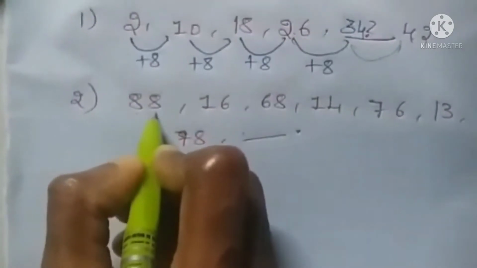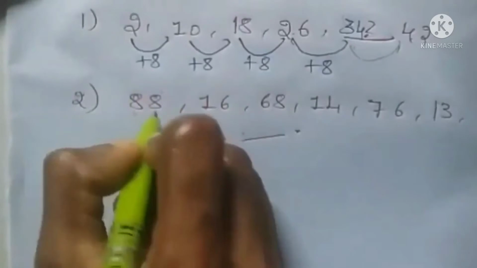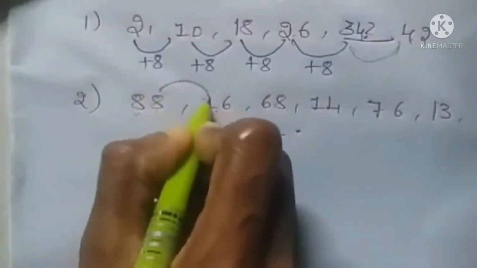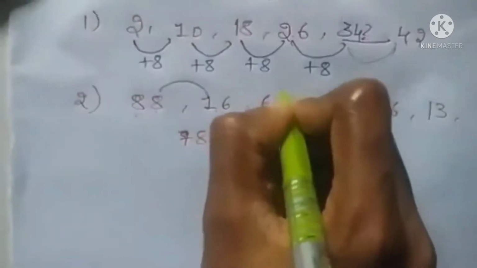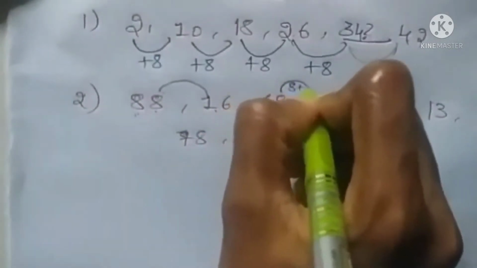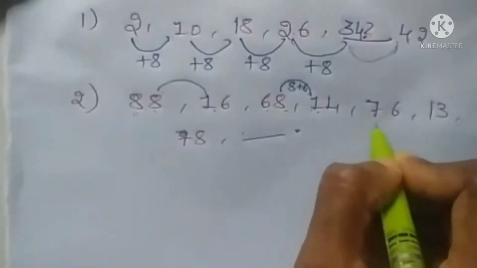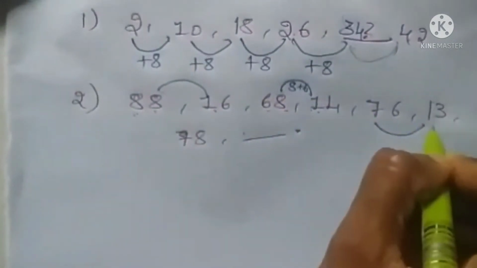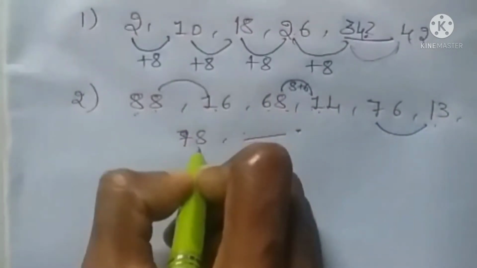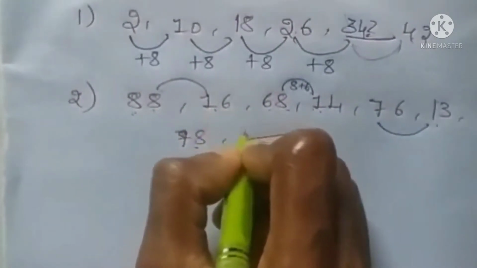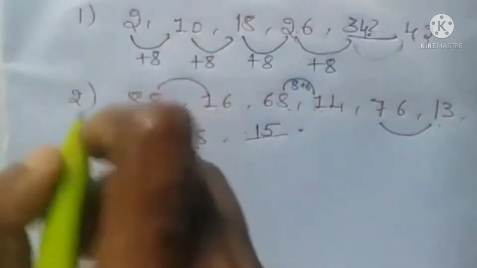This 88 we can take as 8 plus 8, then it will be 16, right? 6 plus 8, 14. By adding these two numbers, that is 8 plus 6, we will get 14. Now 7 plus 6, which is 13. Now 7 plus 8 is how much? 8 plus 7 is equal to 15. So 15 is your answer.